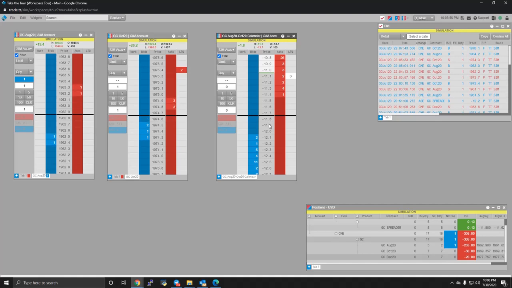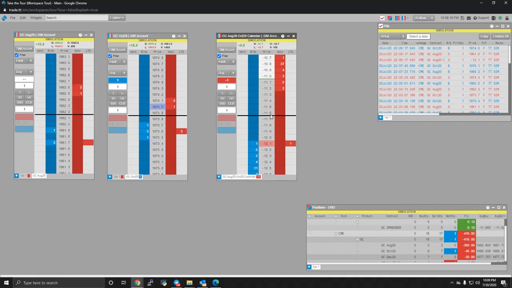So let's execute that trade right now and watch our position window down here, the gold August and October. Let's watch how it changes. So I'm going to hit the bid here, and in simulation sometimes this just doesn't want to execute. There we go.